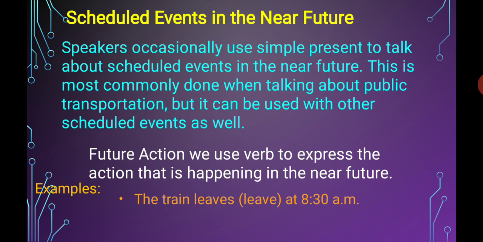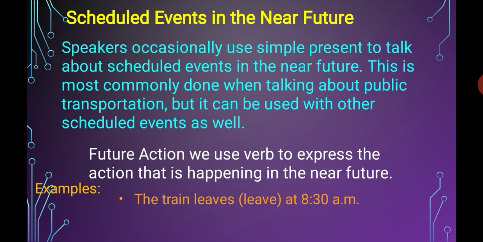Here we are going to focus on the schedule. That's why we use the scheduled events in the near future. It is not 8:30 a.m. as such, but we show the time of the schedule, the time of the action.